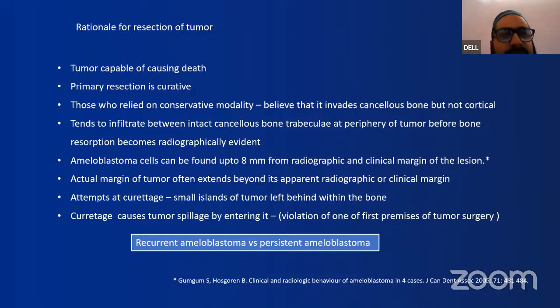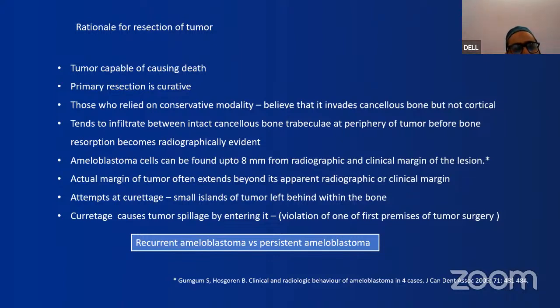Because this tumor is very aggressive, and repeated curettages can result in persistent disease, and ultimately it can spread, slowly but surely, especially in maxillary tumors and the posterior mandible. It can spread to the infratemporal fossa or the cranial cavity, causing death.